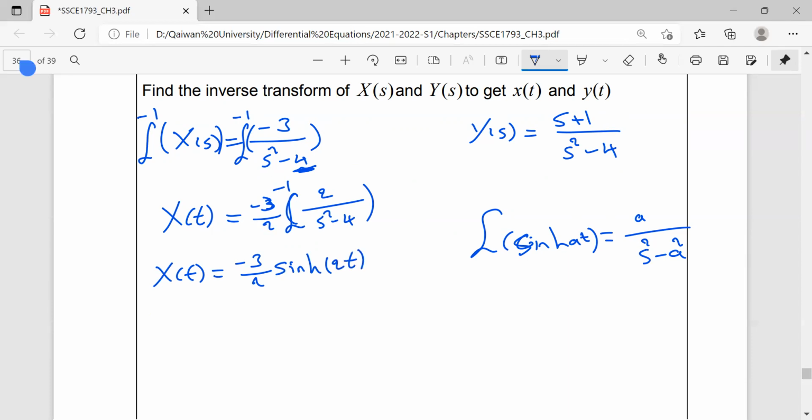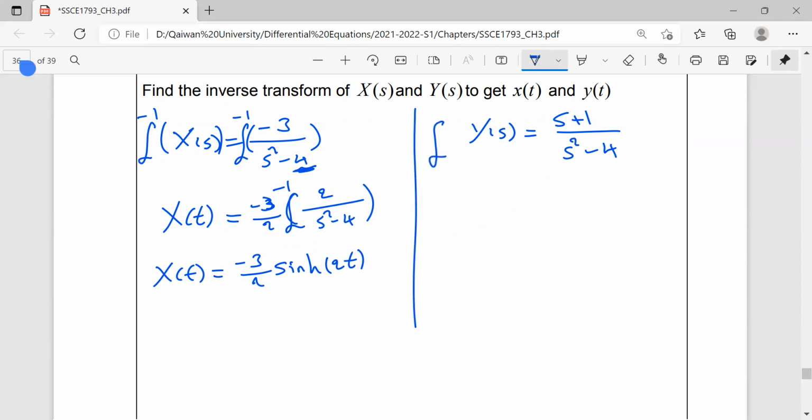And then for the y of s, we take the Laplace inverse for both. The Laplace inverse of y of s is y of t, which equals the Laplace inverse for this fraction. In the numerator we have 2 terms, and in the denominator we have s squared minus 4.